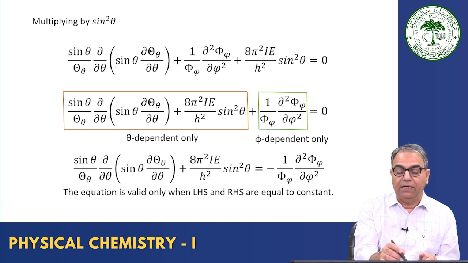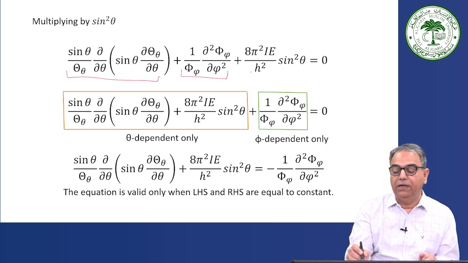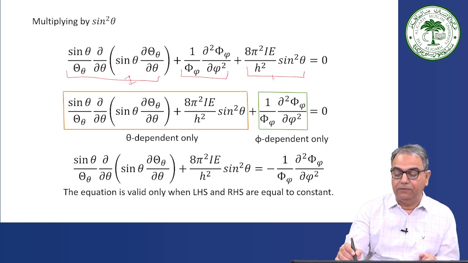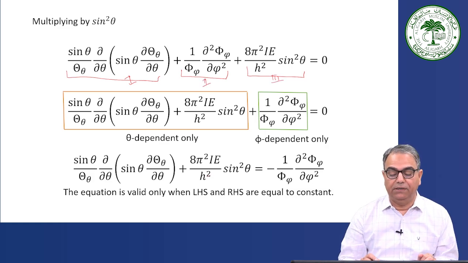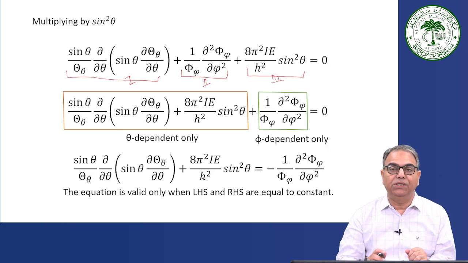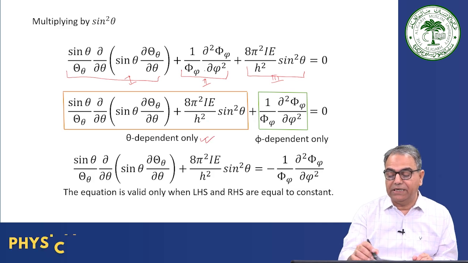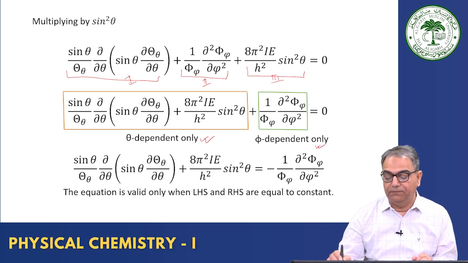Now we have this part where theta only is present, this part where phi only is present, and this part where theta is present. So parts 1 and 3 are theta dependent and the second one is only phi dependent. So we club these together, 1 and 3, which are theta dependent only, and the second one is phi dependent only.